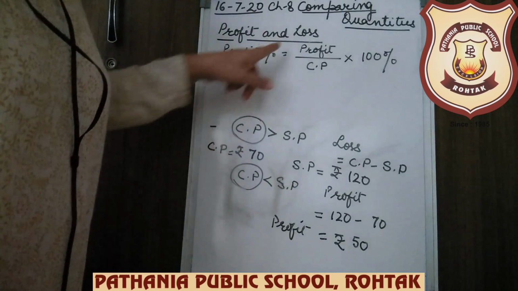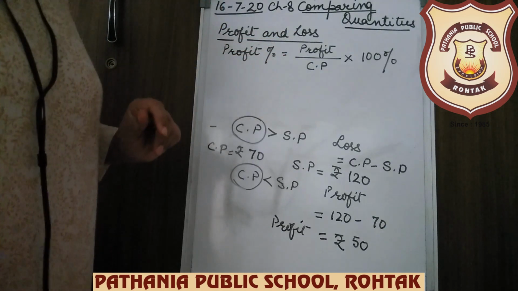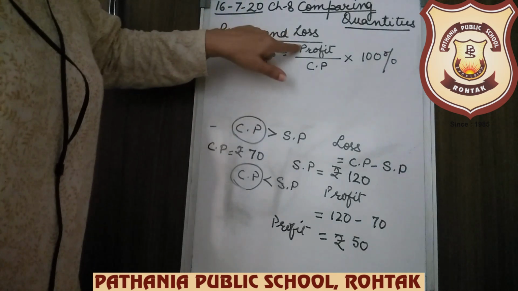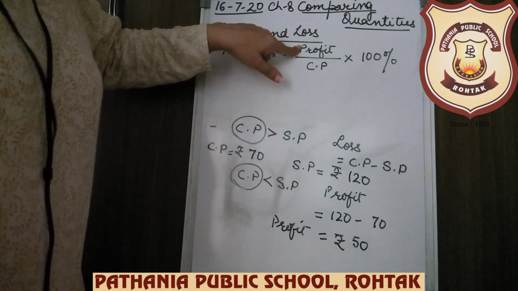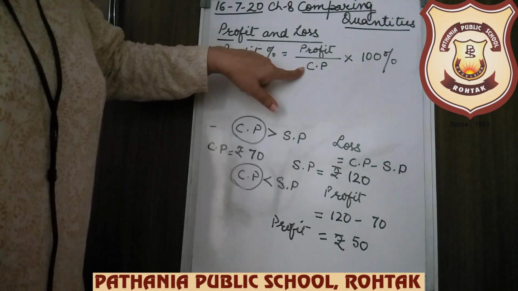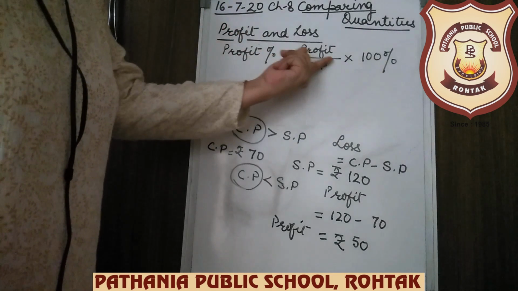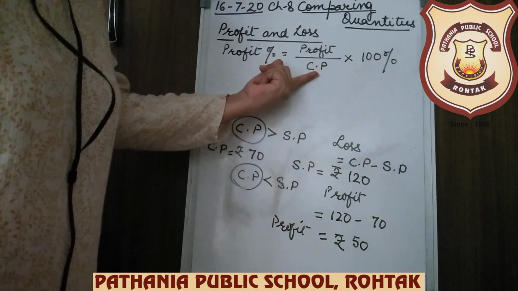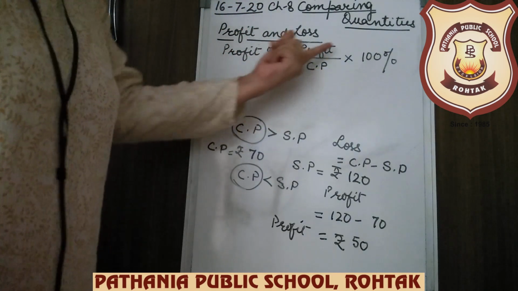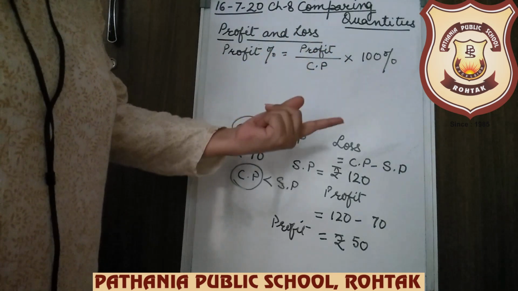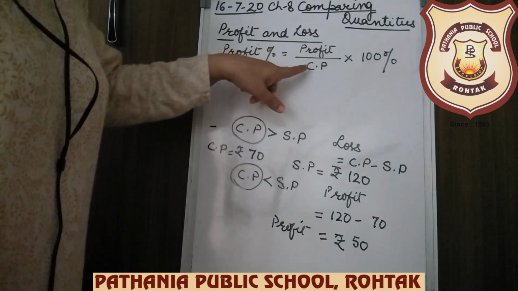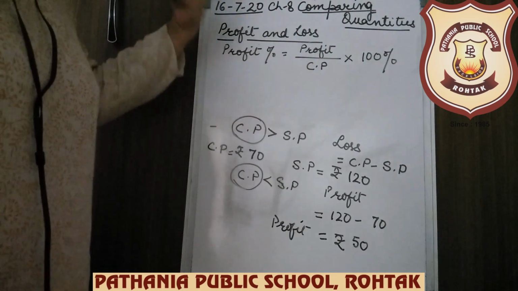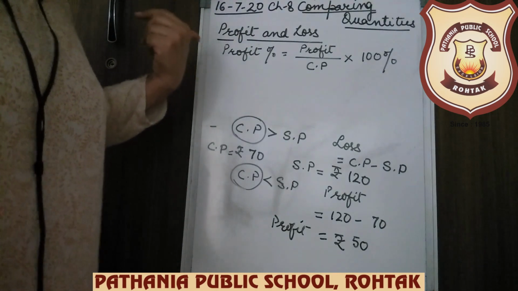Then what was the formula for calculating the increased percentage or decreased percentage? Here the increase in the quantity you have written divided by the original. So here you have CP with you. CP is the thing, the price with which you are comparing whether there is loss or profit. So that is to be kept in the denominator as you were comparing there with the original price.